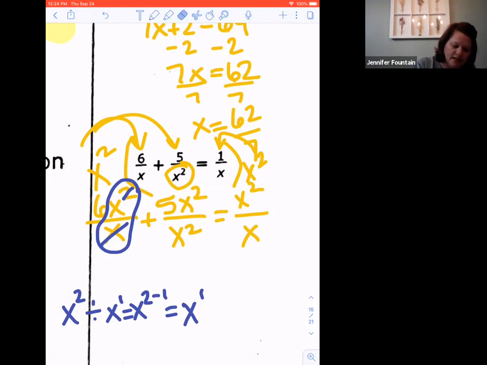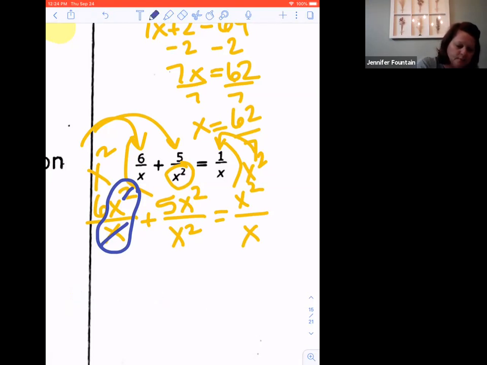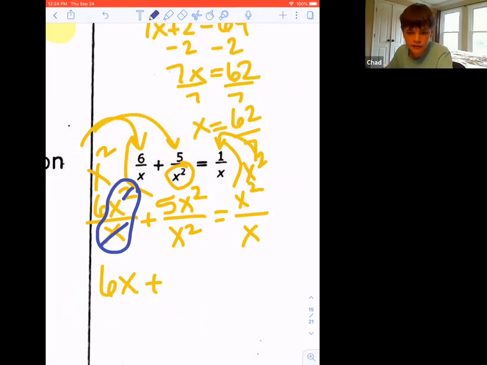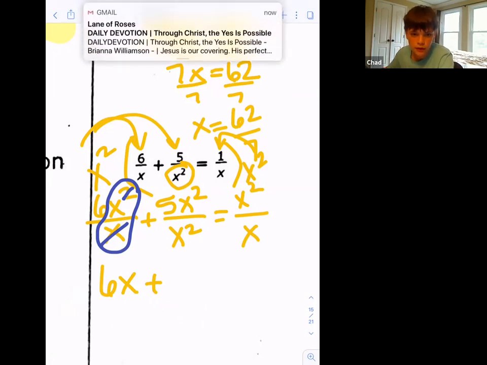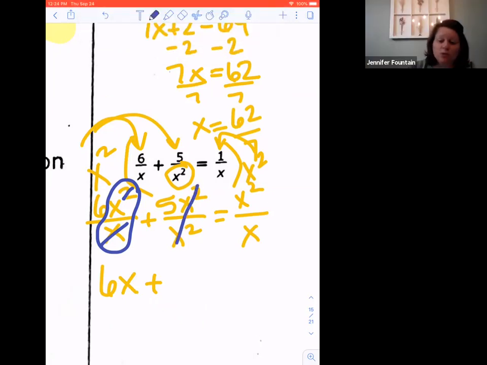So then that means there I have 6x plus, what happens with my x squared over x squared? X squared divided by x squared is 1, so they just cancel out, because then 5 times 1 is just 5.